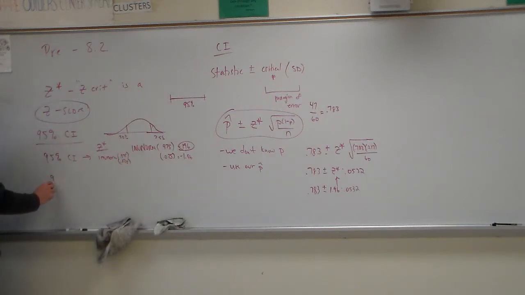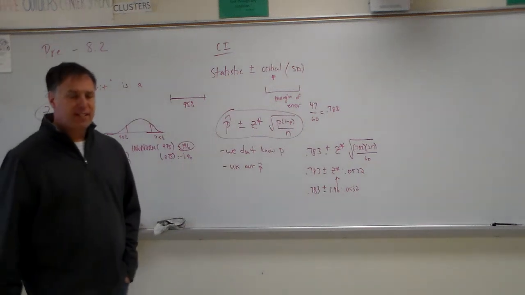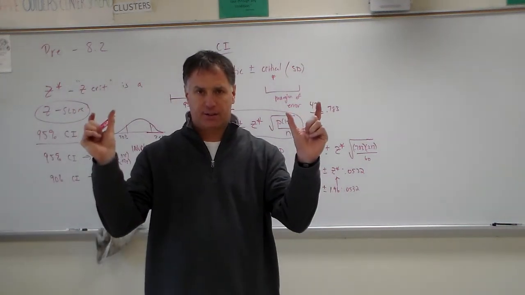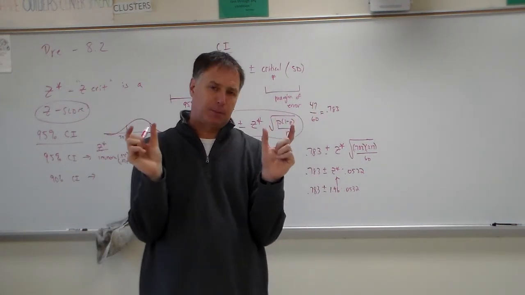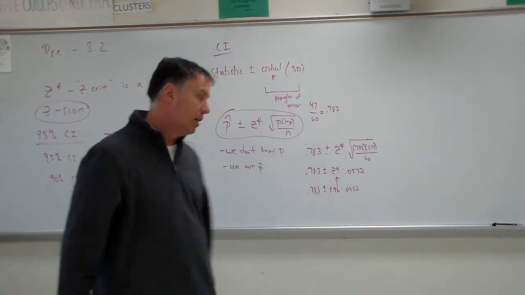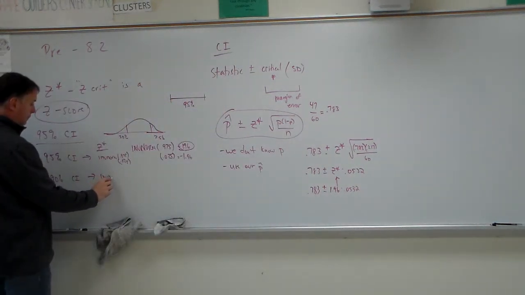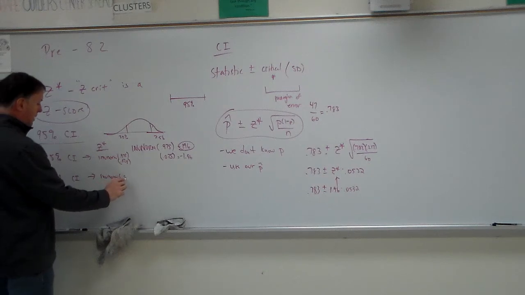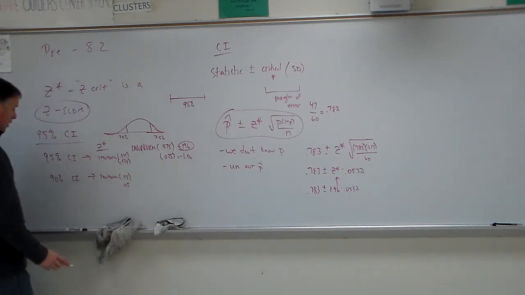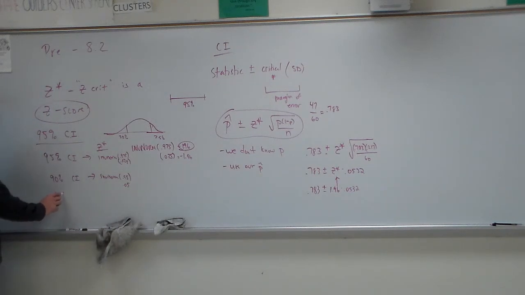So what if I wanted a 90% confidence interval? We have 10% split in the 2 tails. So on each tail, I'm either going to do inverse norm 0.95 or inverse norm 0.05. So what if I wanted a 98% confidence interval?